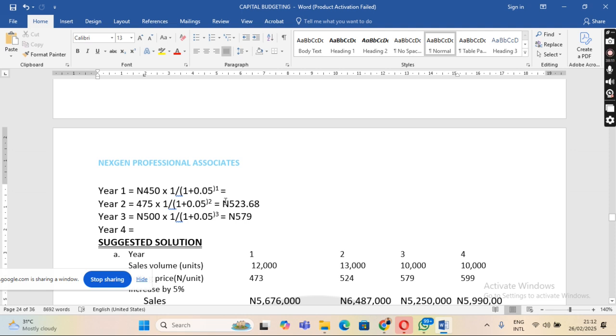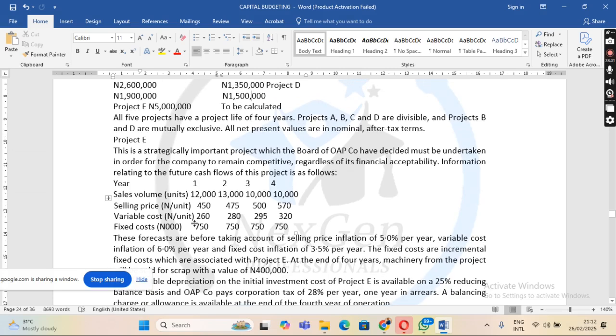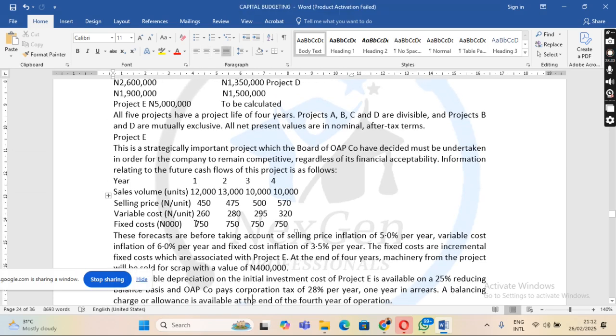So what do we have, class? What do we have for year 1? The same thing, 473. Yes, I know you should have the same thing, 473, because it's just 1. So the last one, year 4, selling price is 570.